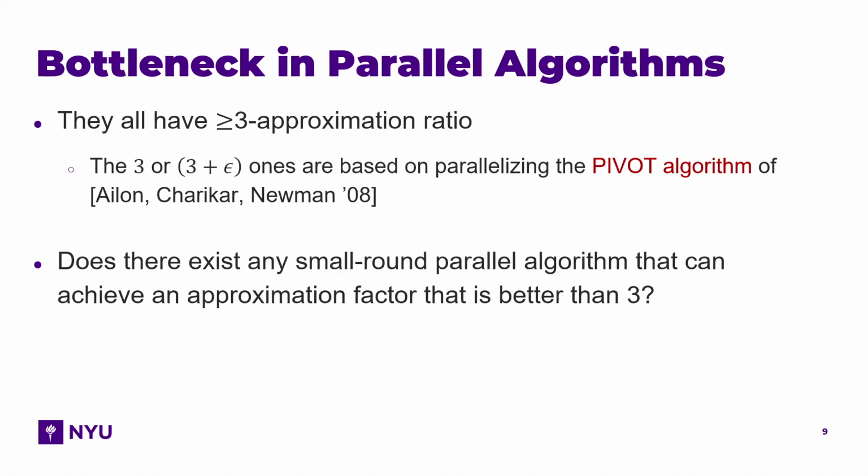So it's natural to ask whether we can achieve a small-round parallel algorithm that has a good approximation ratio. I will explain very quickly why these algorithms get stuck at 3. But first, let me explain our result a little bit. We answer this question: yes.